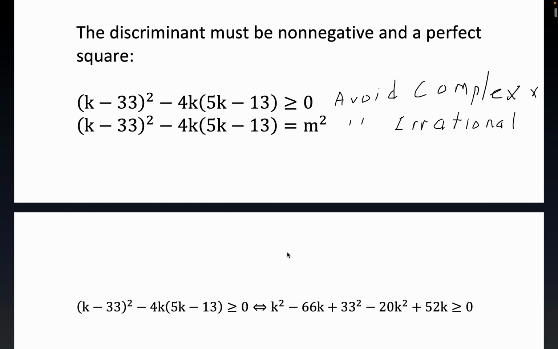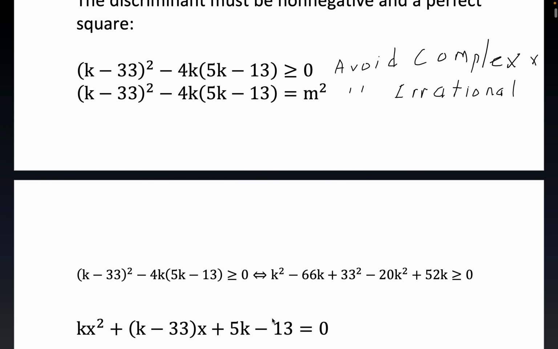Now, what do we do right here? What we're doing is trying to get an upper bound on our k's. If you look at the arithmetic that happens right here, you would end up with 19k squared plus 14k, I think, has to be less than or equal to 33 squared.